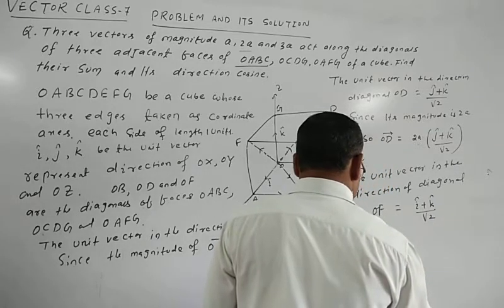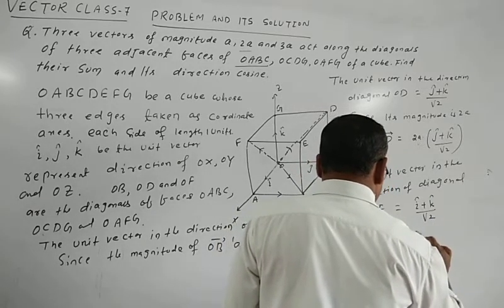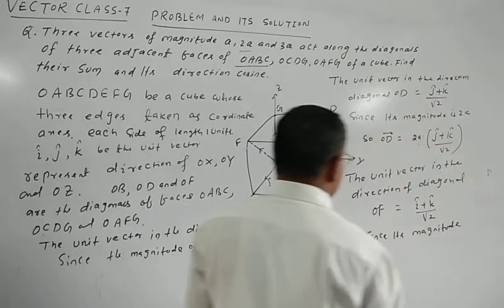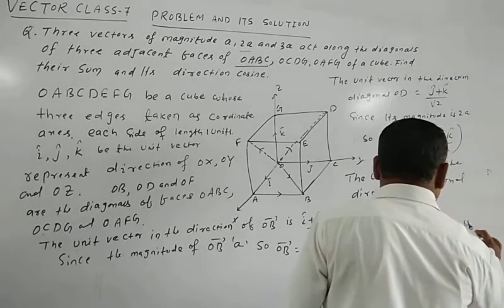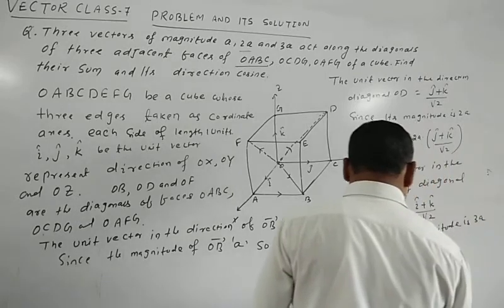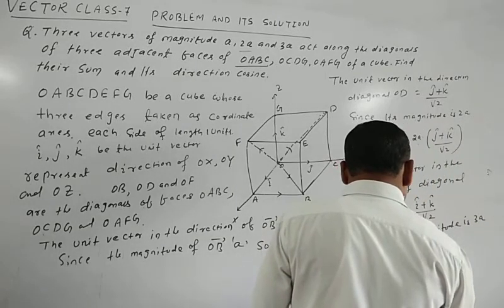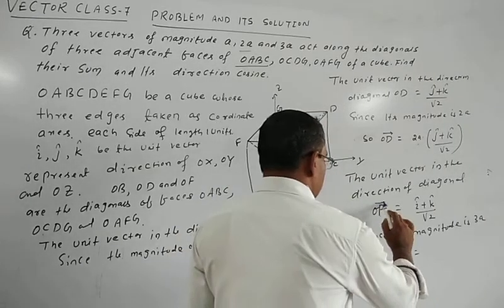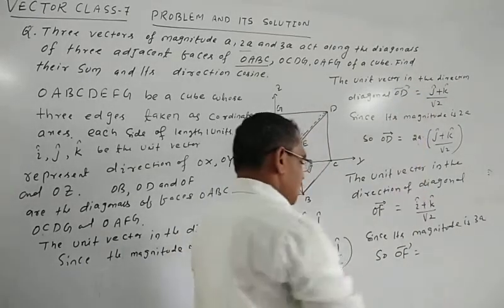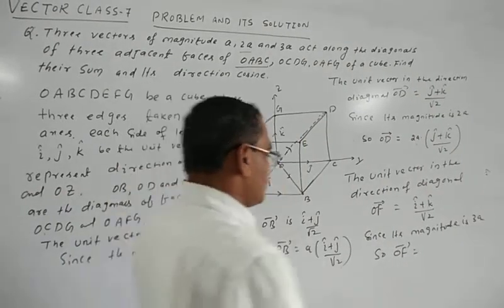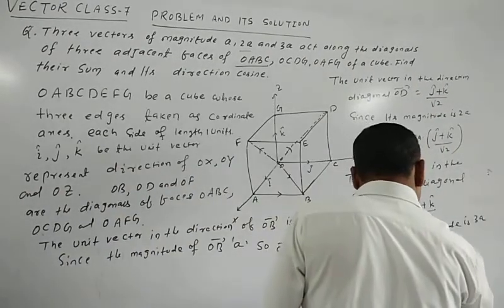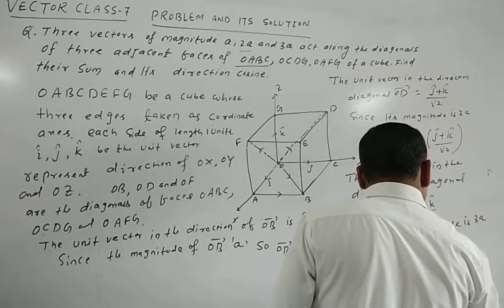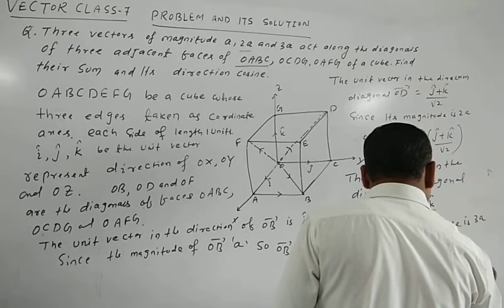Since its magnitude is 3a, OF vector is equal to 3a into (i cap plus k cap) by root 2.